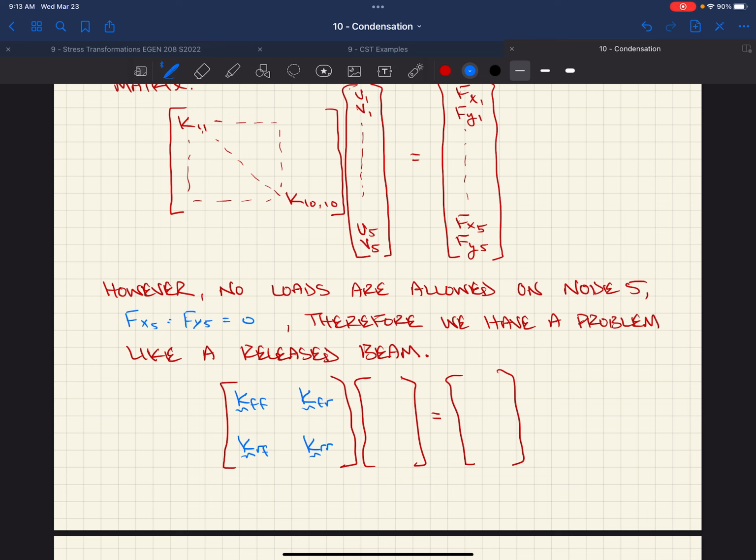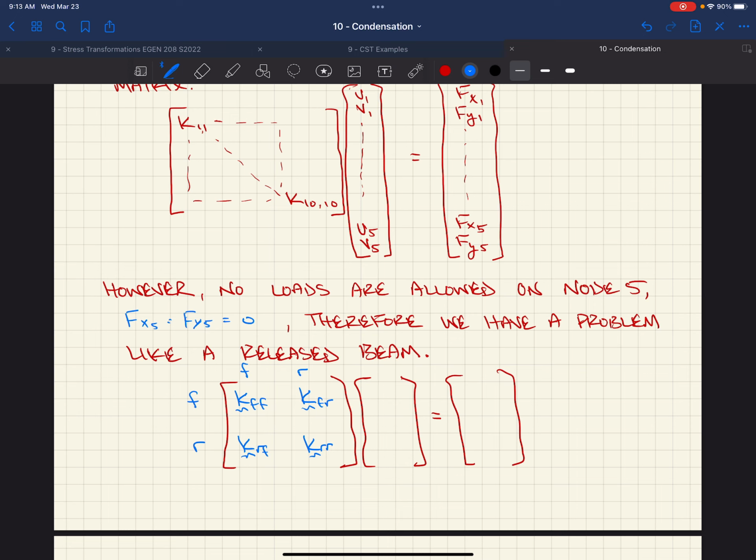Where we have our rows with respect to fixed degrees of freedom, right? Fixed just being that it can transfer forces, right? We can have forces in these degrees of freedom. We have the columns associated with the fixed degrees of freedom. The columns associated with the released, and the rows associated with the released.